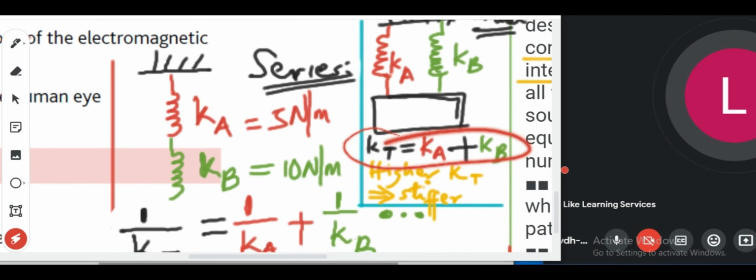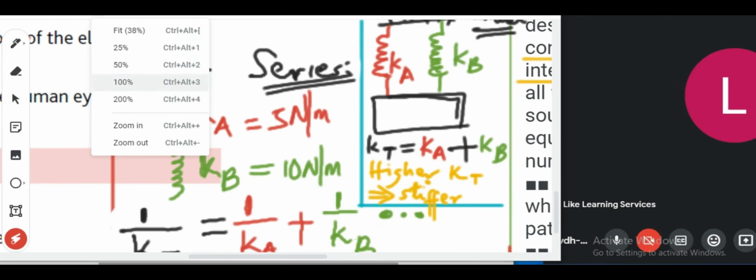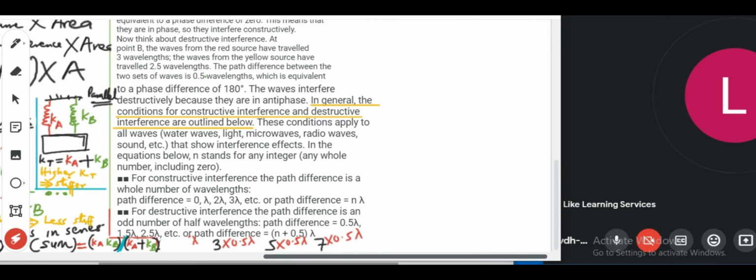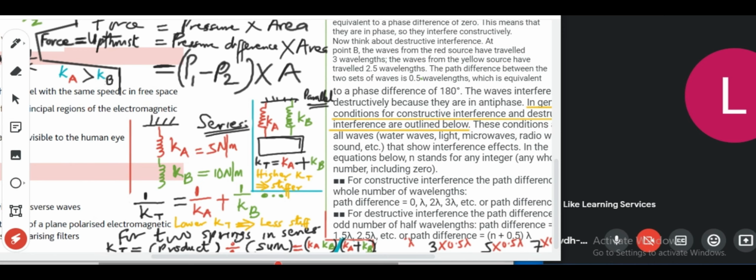Higher K total for parallel means more stiff, or stiffer. So this is the way it will be when these springs are connected in this way.